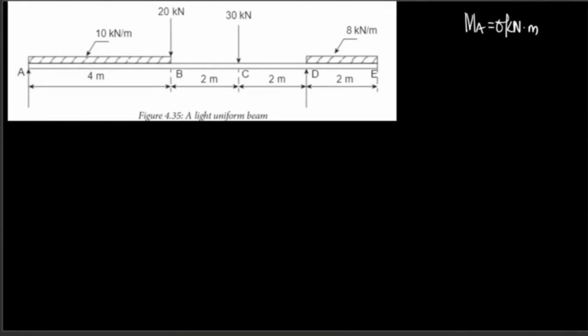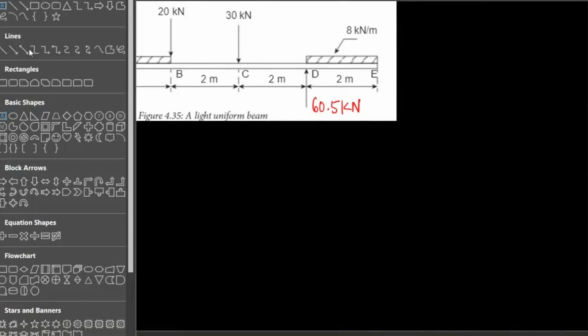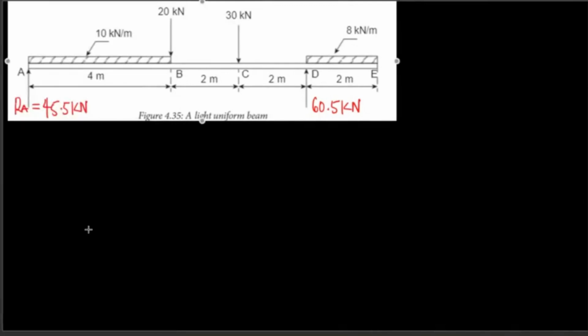So firstly, I'm going to write, this is 45.5 kilonewtons, and this one is what? 60.5 kilonewtons. Okay, let me draw the shear force diagram first. So I'm going to be using this line.